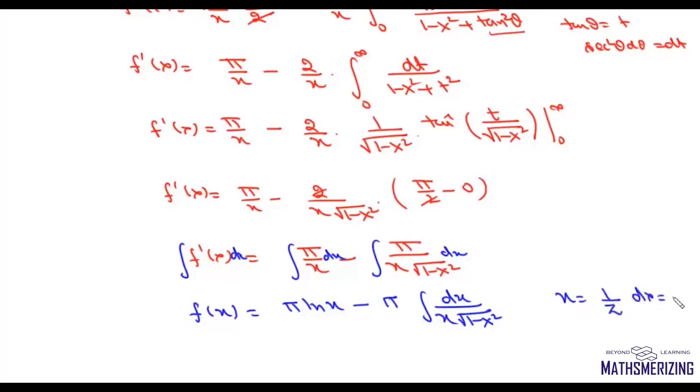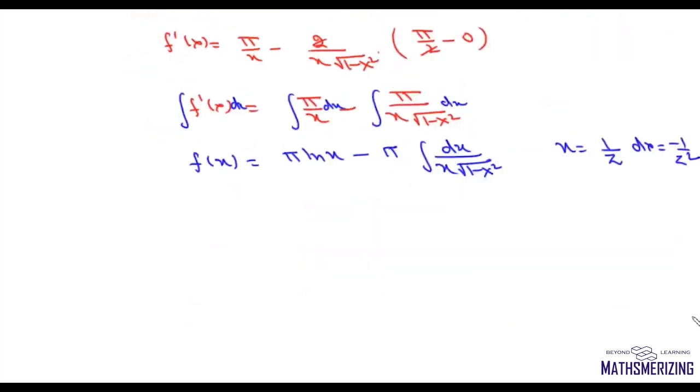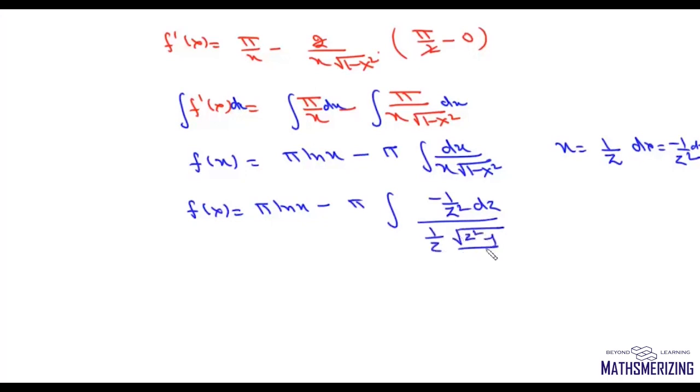So we write dx as minus 1 upon z square. So this function f(x) will be pi log x minus pi, and then we write dx as minus 1 upon z square dz upon 1 upon z under root of z square minus 1 upon z.